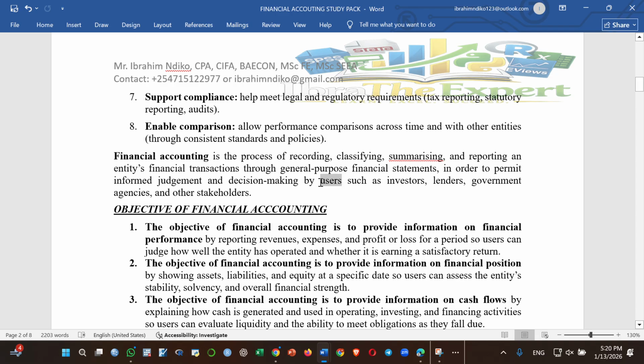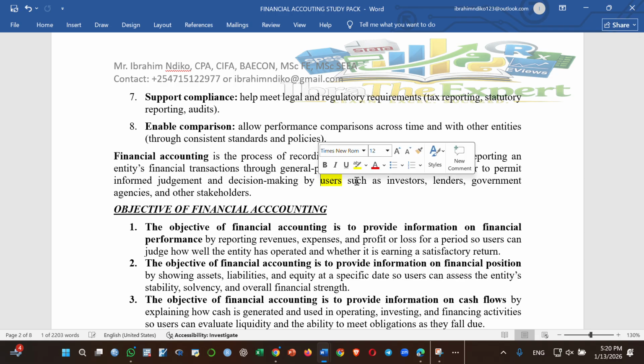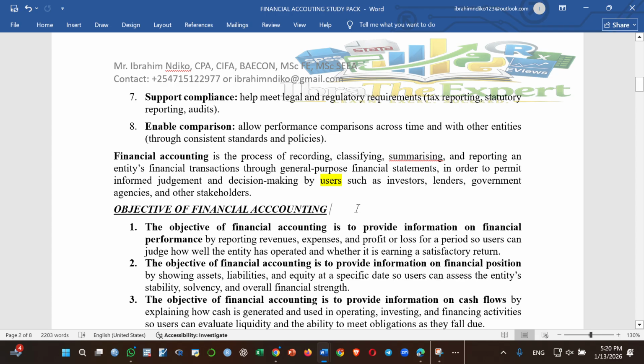Up to this point, it's okay. The keyword here is the users. So your definition must have the word users. If the term users is not there, then your definition will be incomplete.